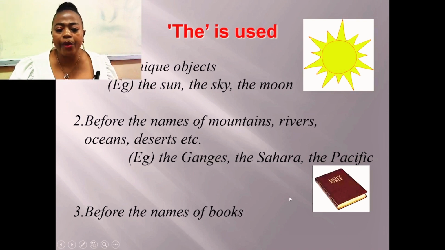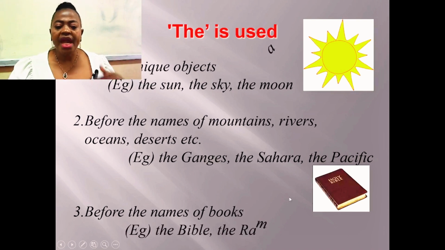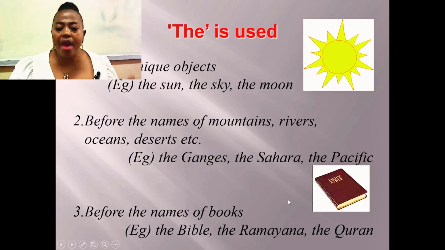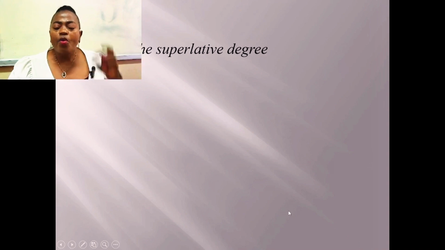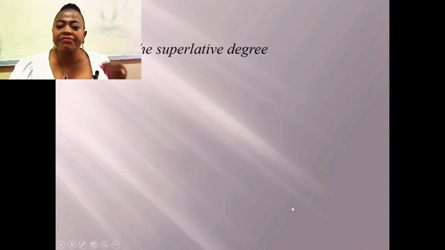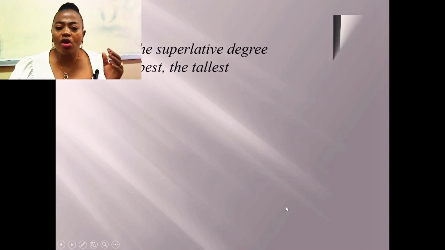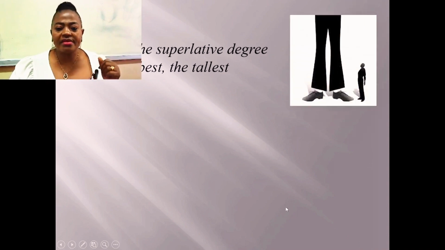For example, the Bible, the Ramayana, the Quran. And we also use THE before the superlative degree. For example, the best, the tallest, the shortest, the biggest.